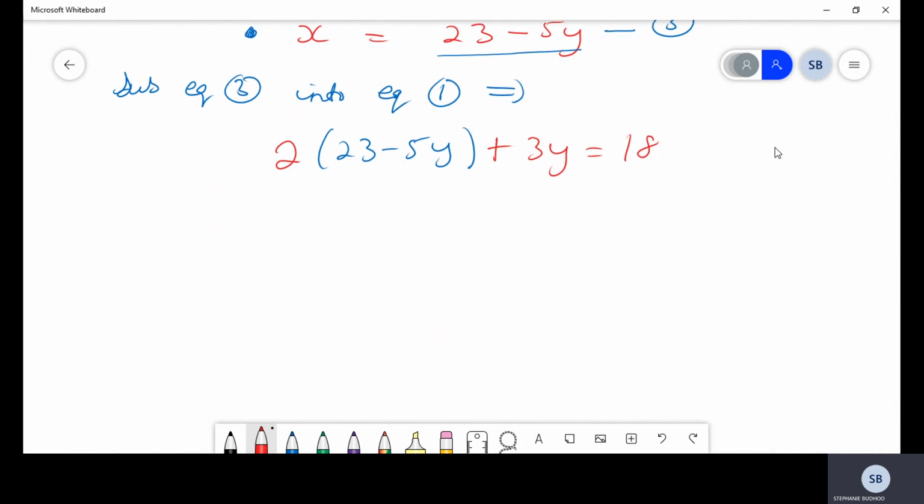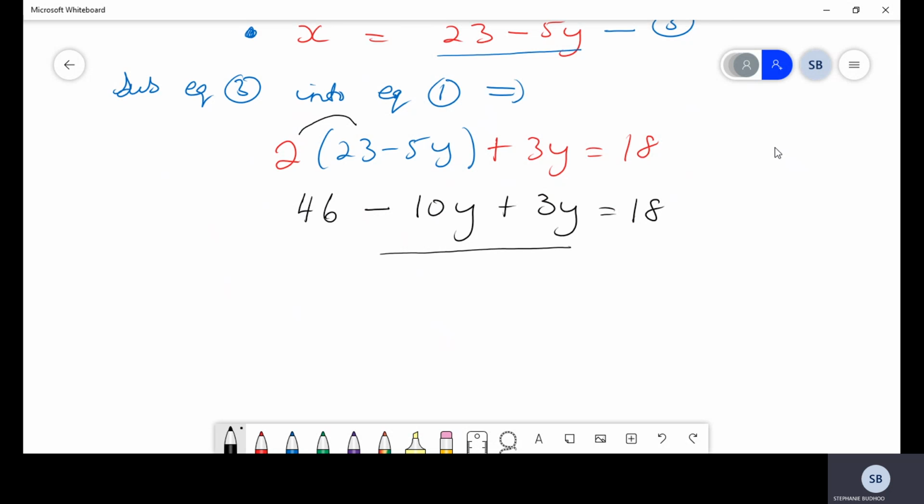Okay. So from here, essentially, we just have a bit of algebra, some expansion of brackets, some stuff to clean up. 2 multiplied by 23. Last time I checked, I think it's 46. 5 2s are 10y plus 3y is equal to 18. I am going to group up my like terms together here. That'll give us 46, subtract 7y being equal to 18.